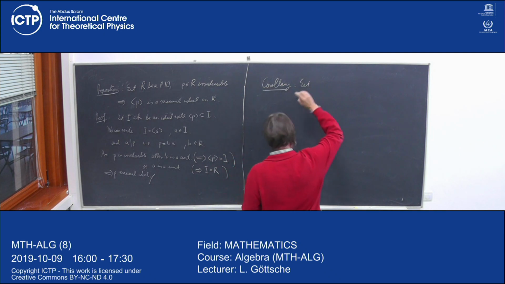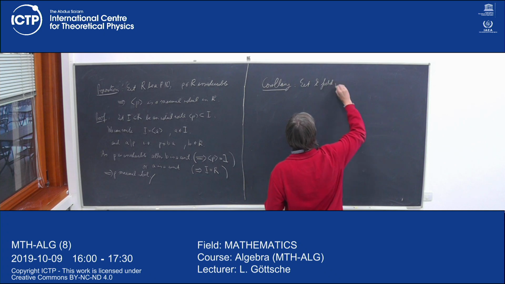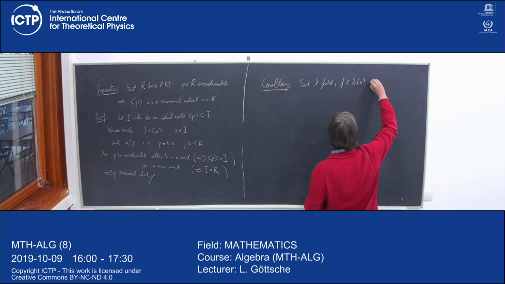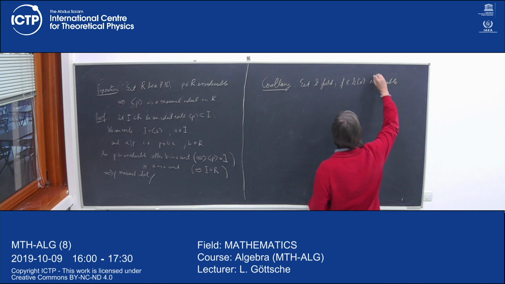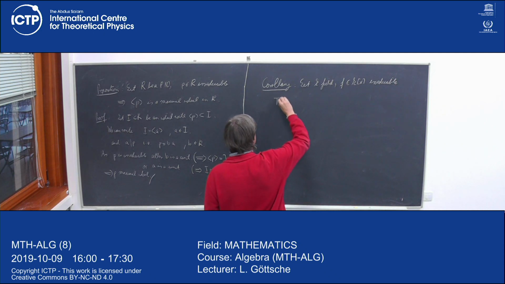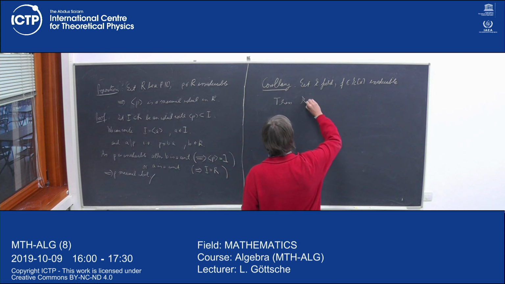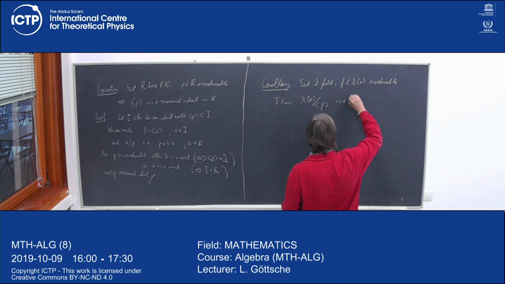Let K be a field, and F a polynomial with coefficients in K, which is irreducible. Then K[x] divided by the ideal generated by F is a field.